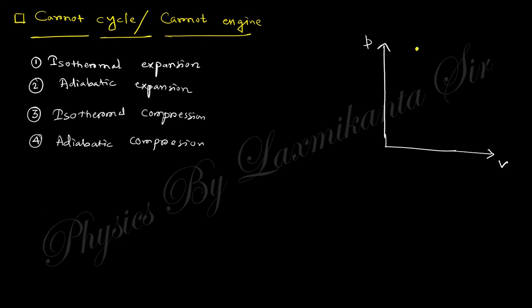Isothermal expansion, suppose from here, this is isothermal expansion from A point to B point, right? After that, adiabatic expansion, so B to C. This is the adiabatic expansion.